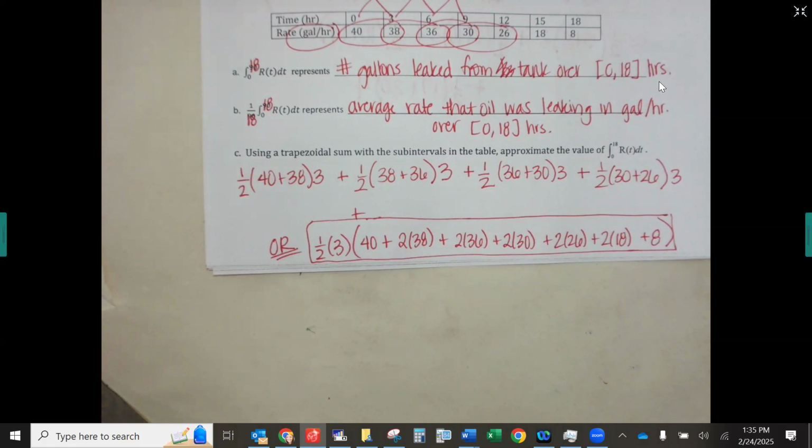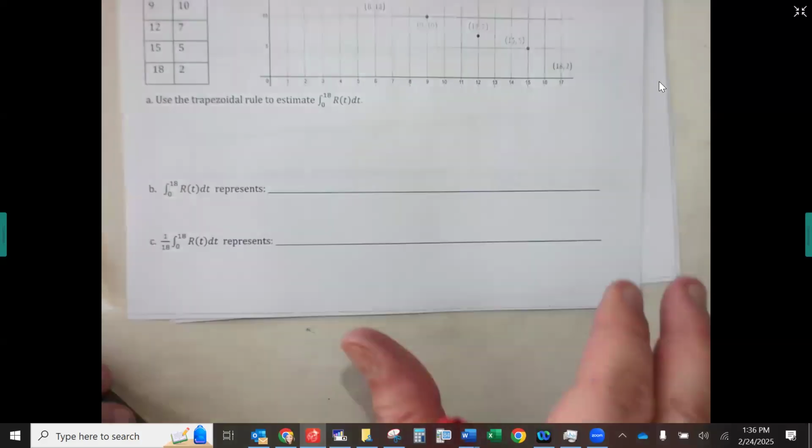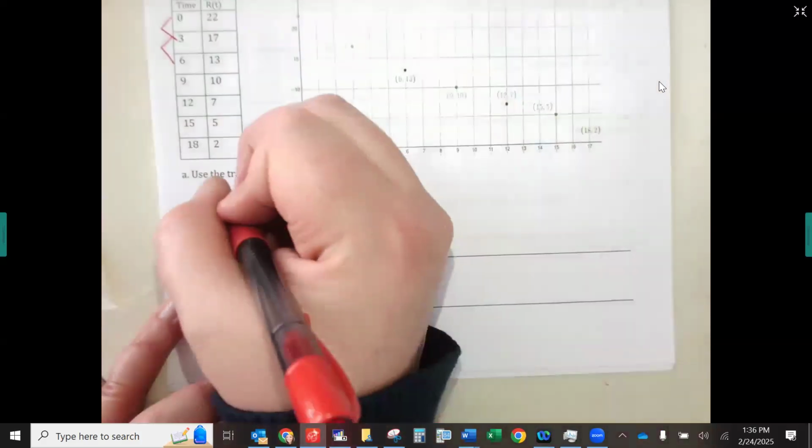All right, let's go down to number 3. It says use the trapezoidal rule. Is my width always the same? 0, 3, 6, 9, 12, 15, 18. Is it always the same? Then we can do the short version. So 1/2, my width is always 3. And remember that when I add up my y's, I'm going to single count first and last, and double count all the middle ones.